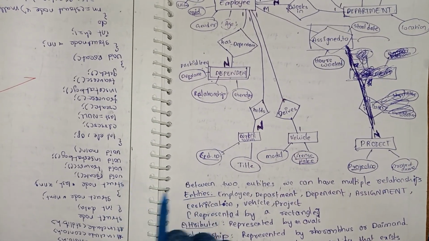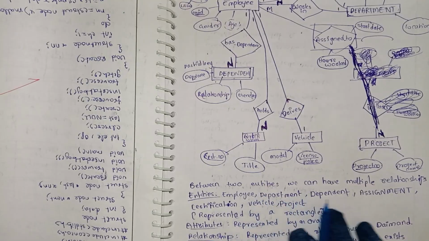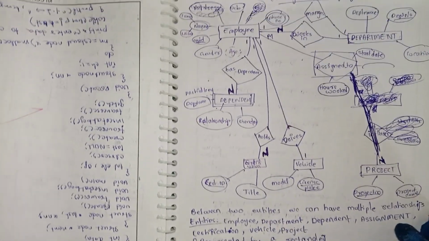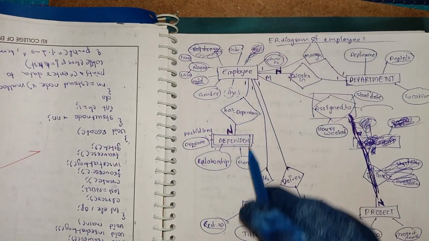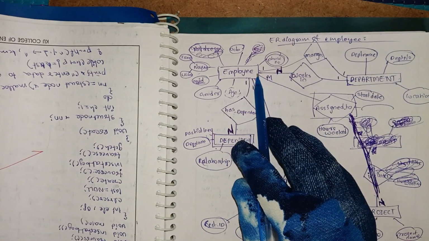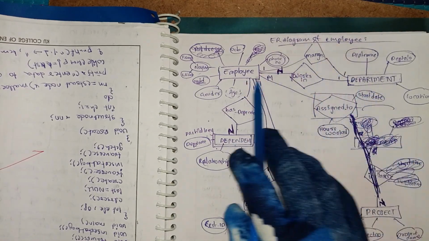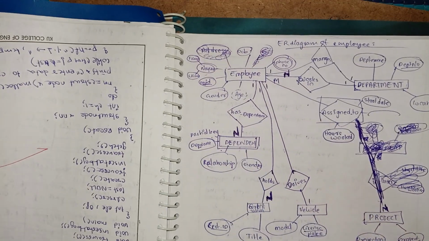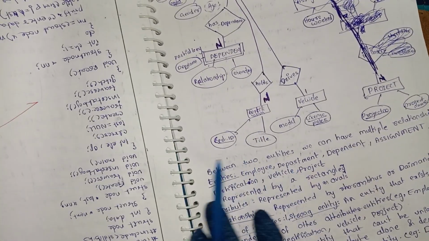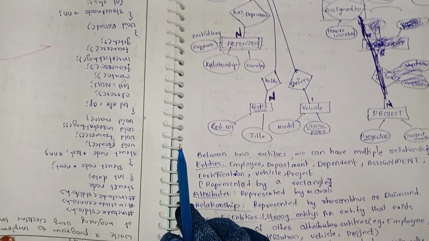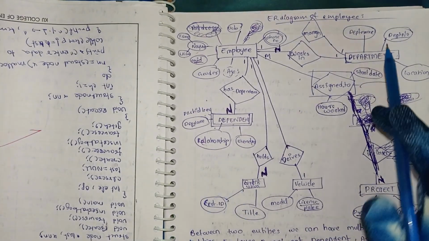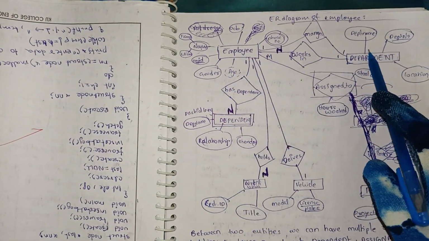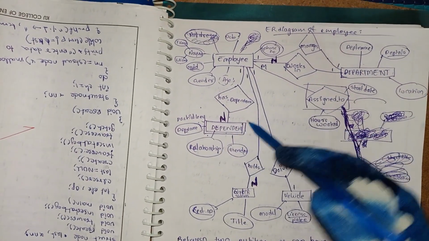And then between two entities we can have multiple relationships in the relational database. So here we have multiple relationships, like employee manages department and employee works in department. And entities are employee, department, dependent, assignment.